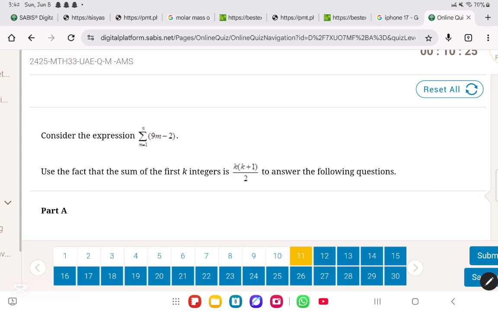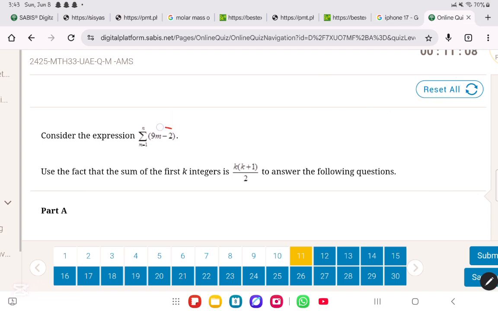There are actually two ways to do this. You could use n over 2 times 2a plus n minus 1 times d, and you will get the same answer. But personally, I would like to use what is given.